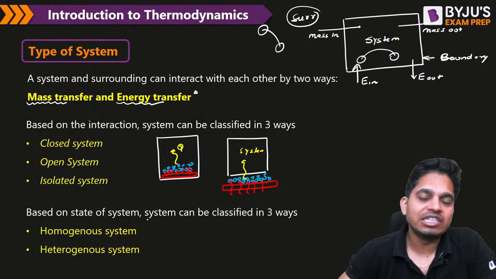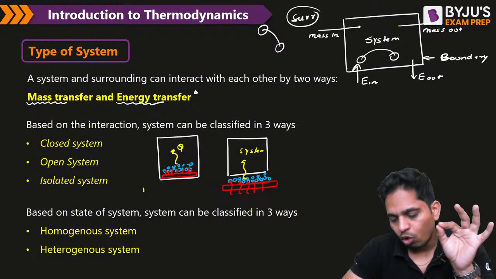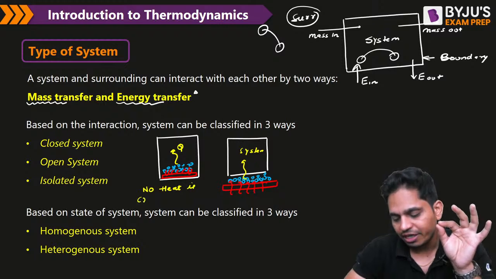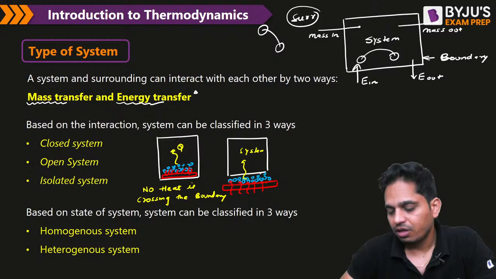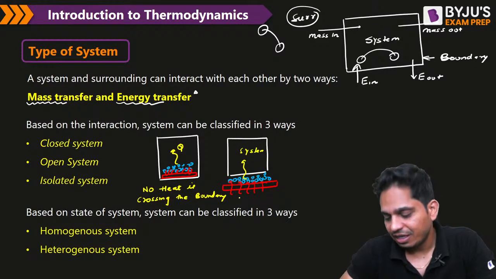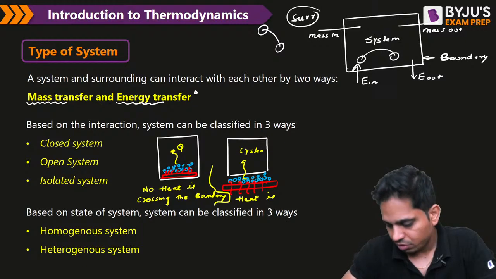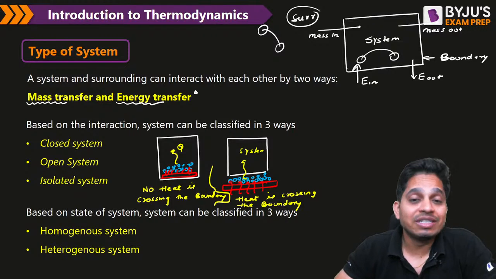Now you can very clearly see in this case no heat is crossing the system boundary, and therefore you cannot say that heat transfer is happening. Now in the second case, heat is crossing the boundary, and you can say that heat transfer is happening.